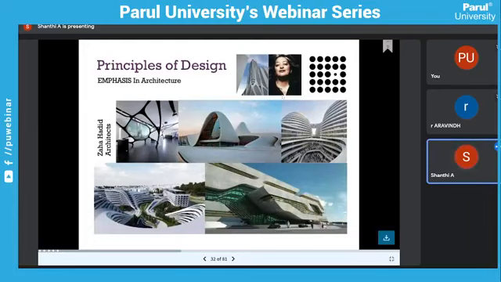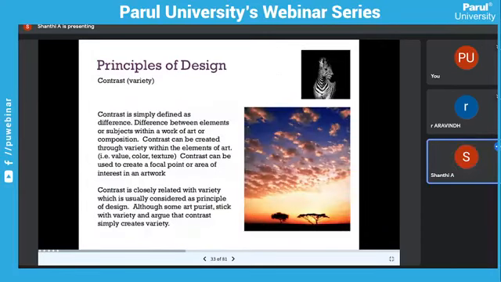This particular portion is an emphasis, and this is an emphasis. So when we make some changes to the regular structure, it becomes more emphasizing.